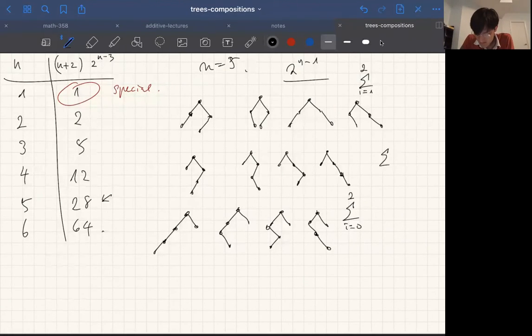It would be a sum, i equals 0 to 2, of 2 to the 2. So, i equals 0 to n minus 3, of 2 to the n minus 3.